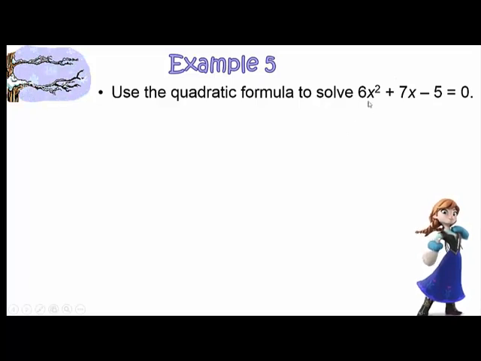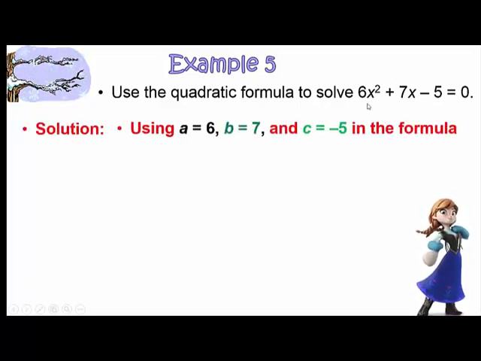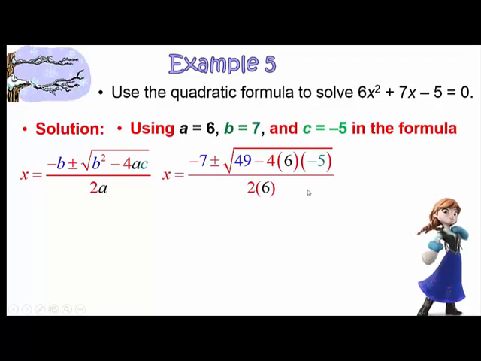So again, we have this already in standard form. So we have A is equal to 6, B is equal to 7, C is equal to -5, and then we just put it into our formula and we solve for x.